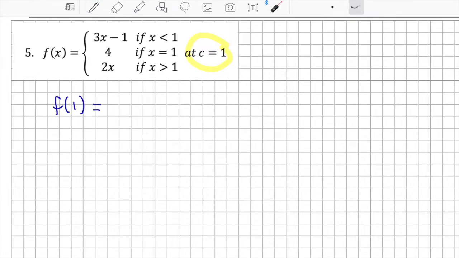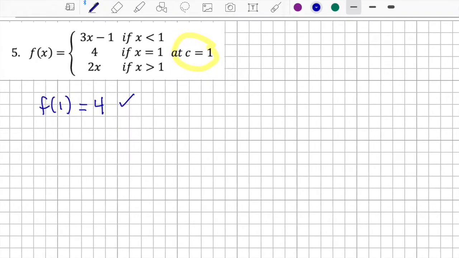Well, according to the piecewise function, if x is less than 1, you use this equation. If x is greater than 1, you use this equation. But when x is equal to 1, the function is equal to 4. So therefore, f of 1 is 4. So the first condition is met.